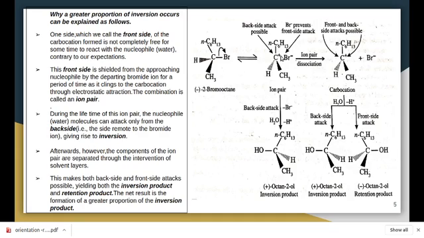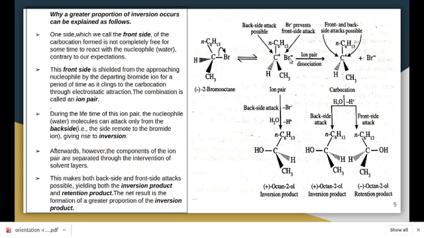The solvent molecules will interfere between the carbocation and the leaving group so that they will break away. The ion pair dissociation will occur. Then for the front side attack, what will we get? We will get the free carbocation.